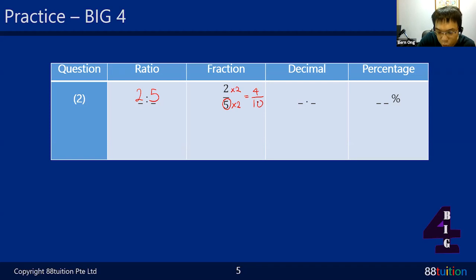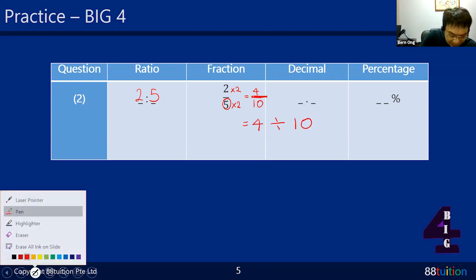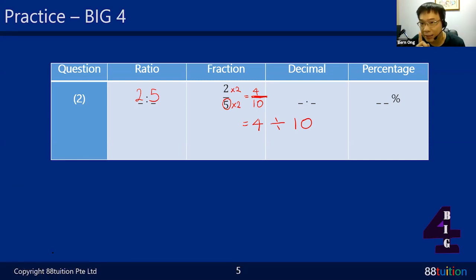Correct. So do you know what 4 over 10 means? This line down here actually means divide. You know that? It's actually 4 divided by 10. And again, if you can understand what I was doing just now, divide is the opposite of multiplication.